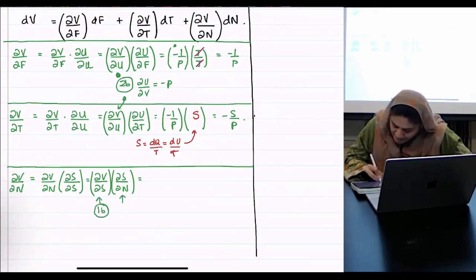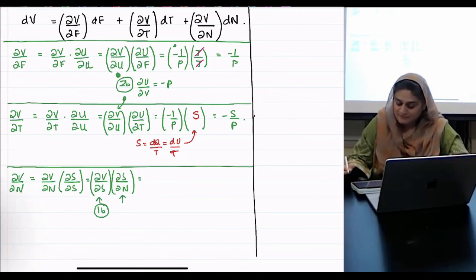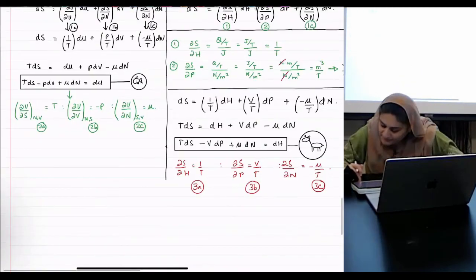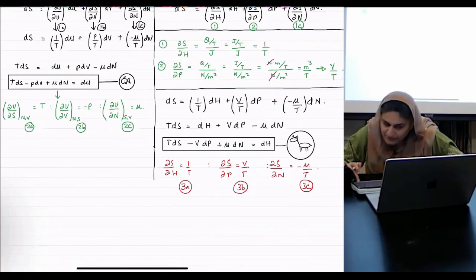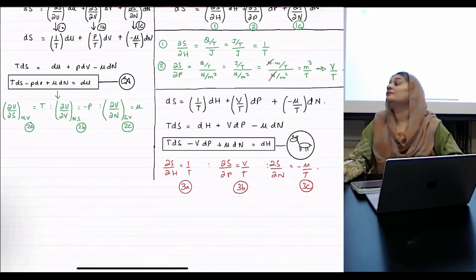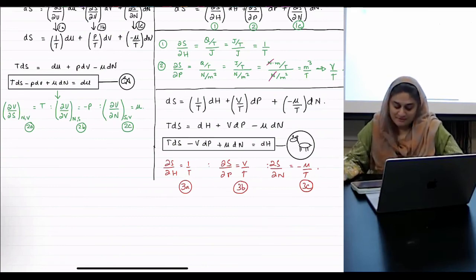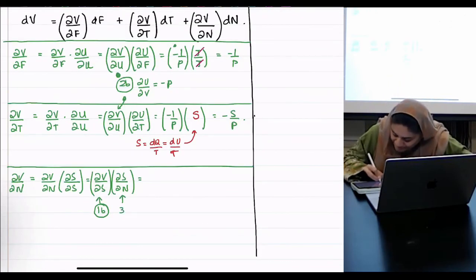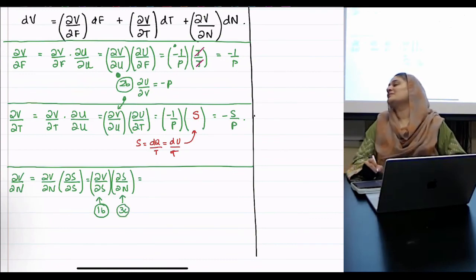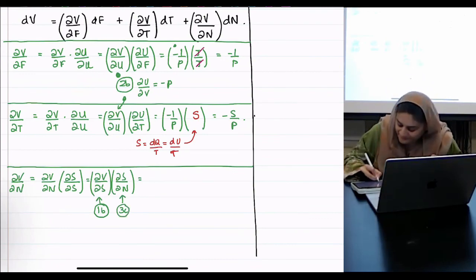And do I have an answer for this one? 3C? Yeah? Which one do you want? 3C? They're both the same. They're both the exact same. I'll pick 3C. But you said 1C also works? Or 1C works. So what will I get?